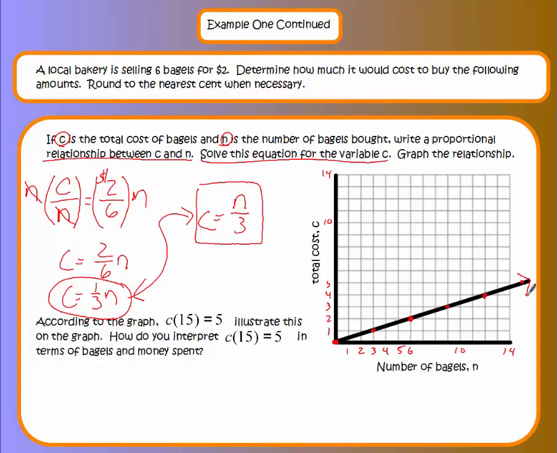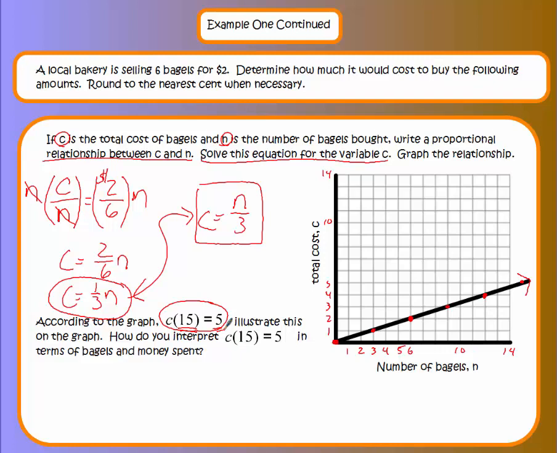So it says, according to the graph, C of 15 equals 5. This notation is very, very important, so let's just recall what this means. This means the function, the cost here, when the number of bagels is 15, the cost is 5. That's what this says.